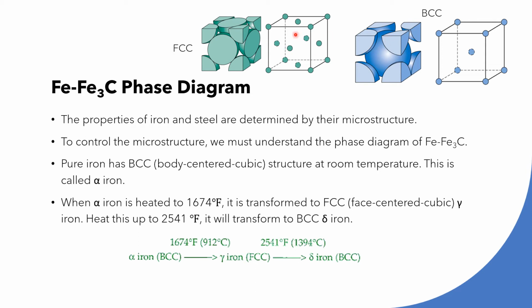First it changes from here to there, and then from here back to here. See how they're switching form. And so in physics and chemistry, we study this kind of switching form. That's the best they can do in the space that they have, switching back and forth. See, so here 1674, and here is 2541.